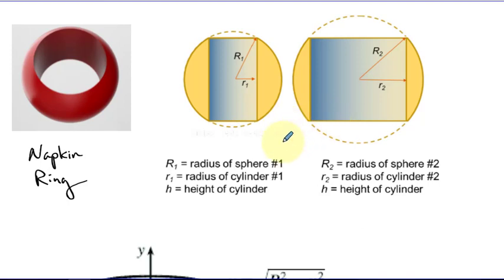That is, the larger radius, the radius of the sphere, could be completely different from one napkin ring to another. And also the radius of the cylinder that you drill through that sphere could be completely different in one napkin ring and the other.